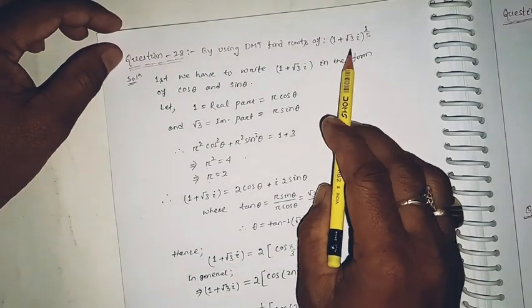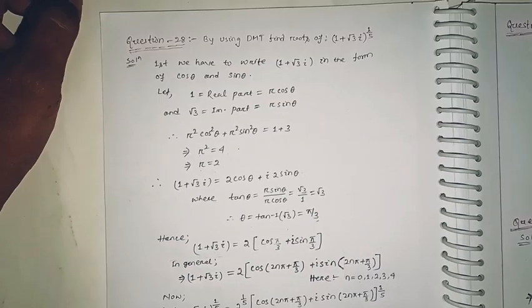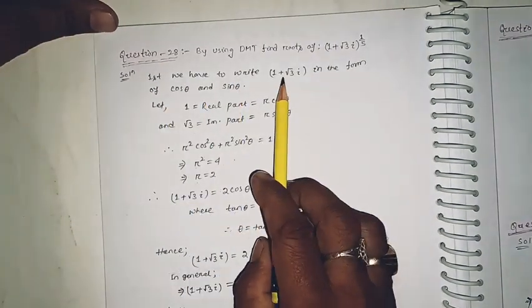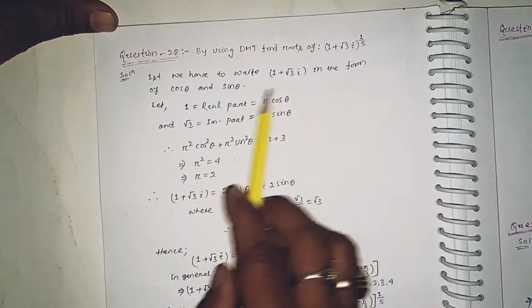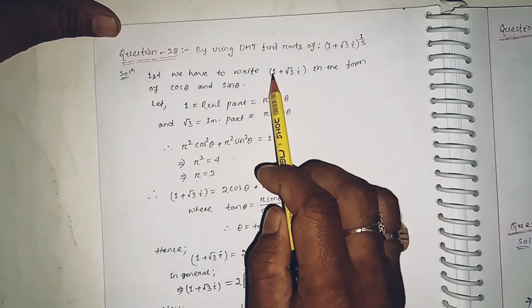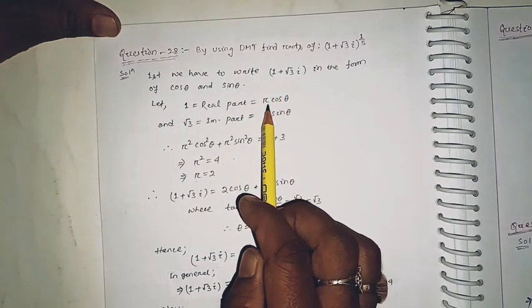First, we have to write this given number in the form of r and theta. So first we have to write 1 + root 3 i in the form of cos theta and sin theta. Let this 1, which is the real part of this complex number, be r cos theta.